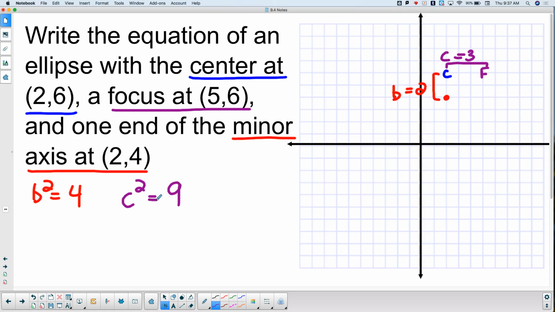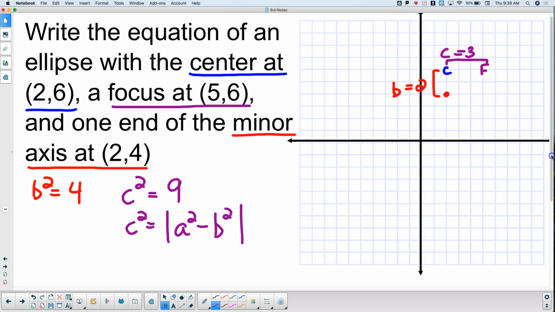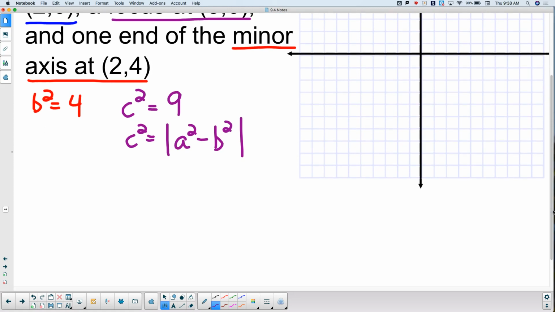What is c squared equal to? C squared is equal to the absolute value of a squared minus b squared. So now we know things, right? C squared is 9. We don't know a squared. We know that b squared is 4.